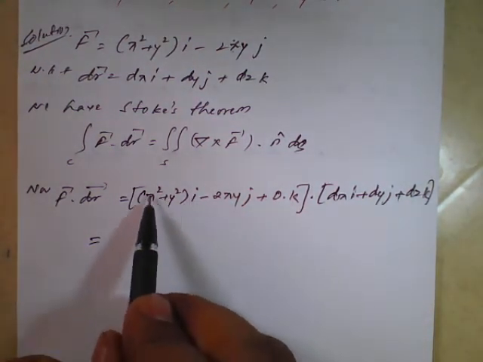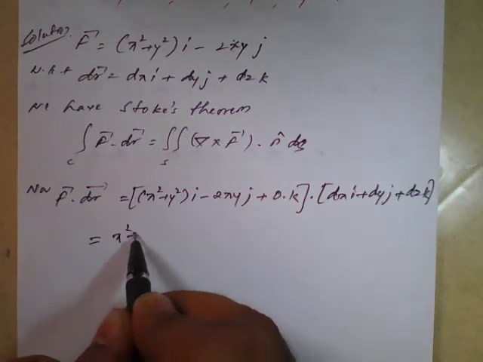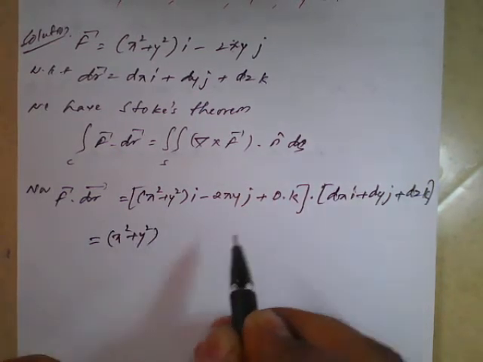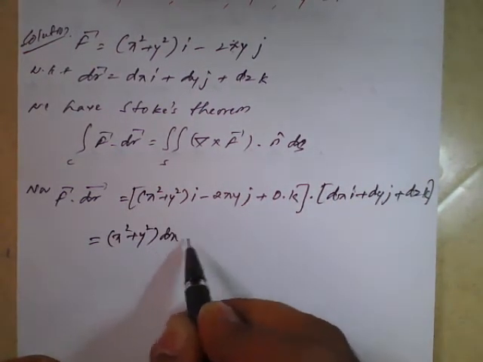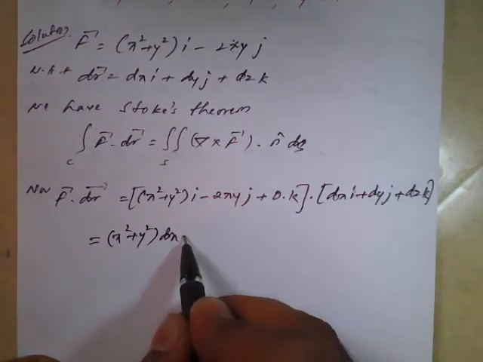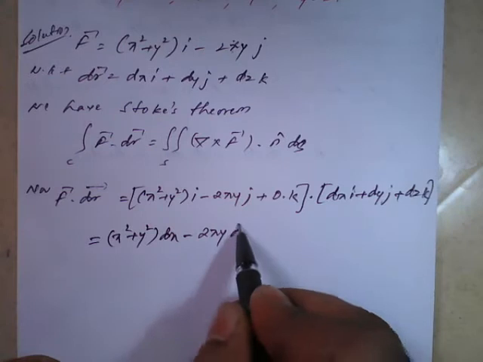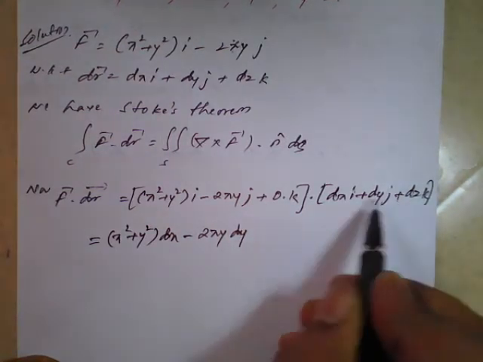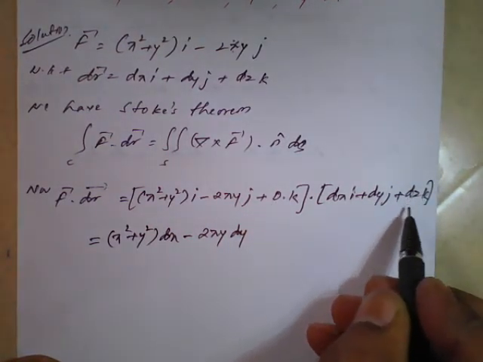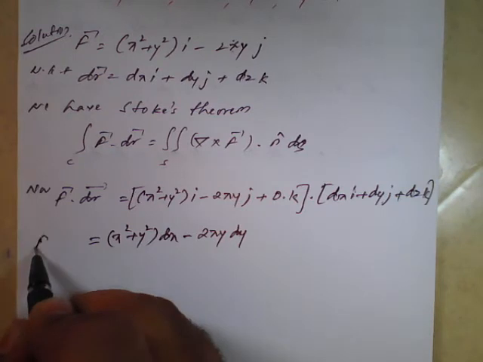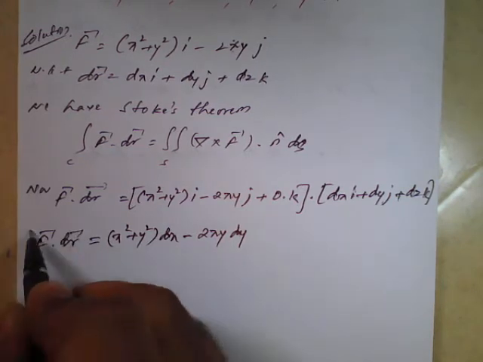So the coefficient of i is what here? (x square plus y square) into dx, minus into plus is minus 2xy into dy, plus 0 into dz is 0, that's why leave it. So this is our vector f dot dr.